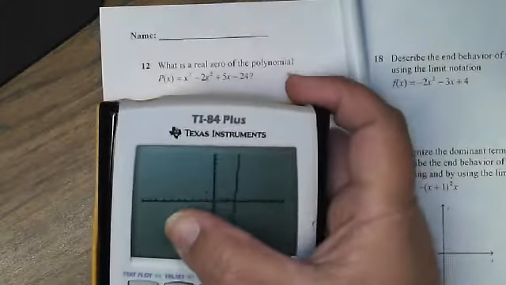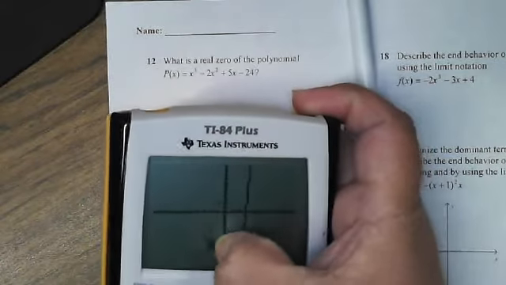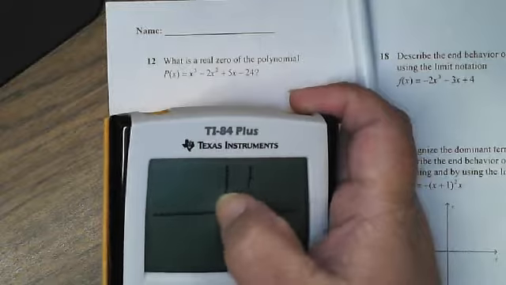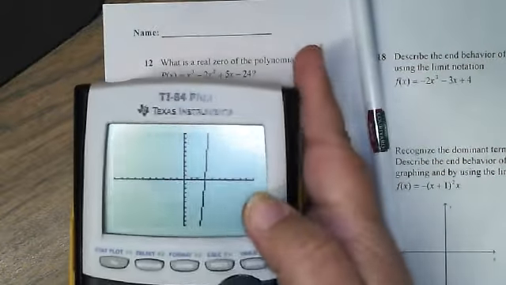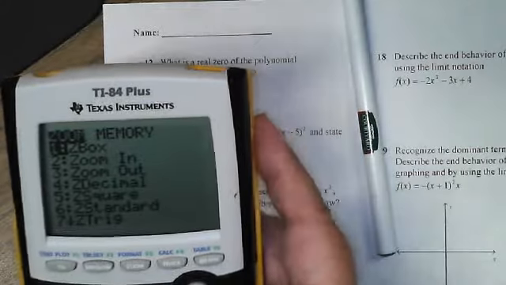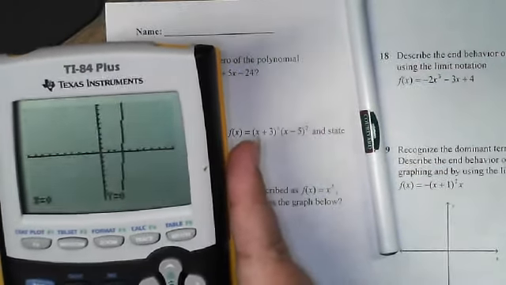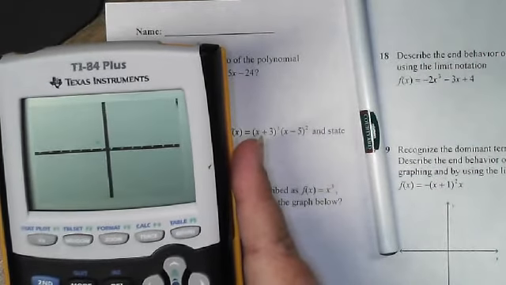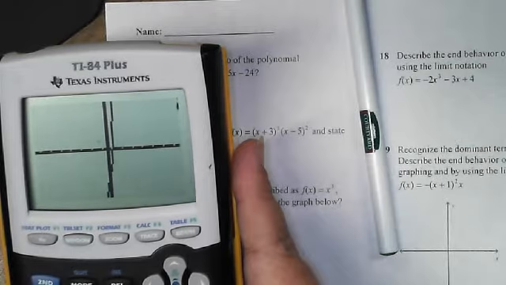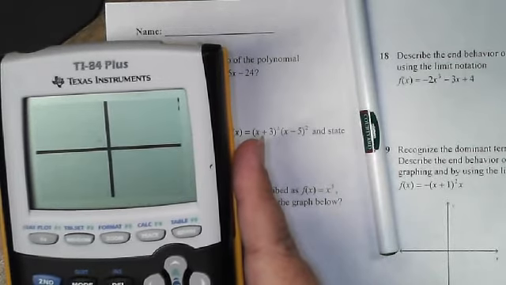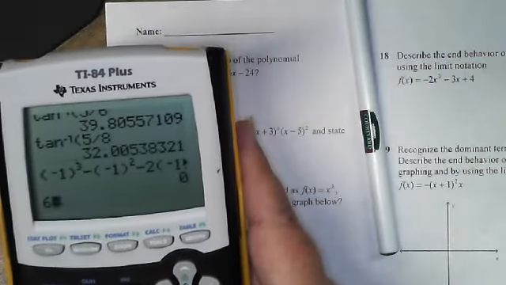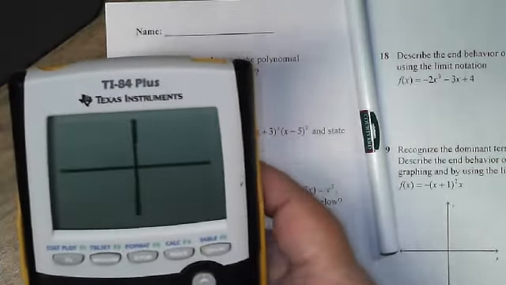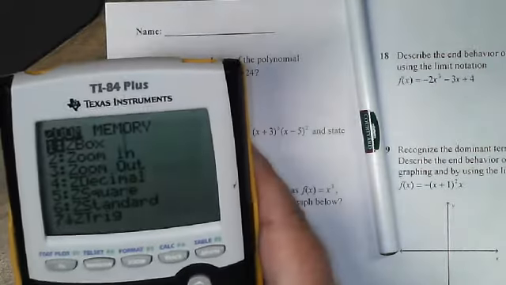Okay, in that picture it's a little tough to see what all the stuff it is. So you could zoom out, zoom 3, hit enter. You could barely see that one. Anyway, you could zoom 6.